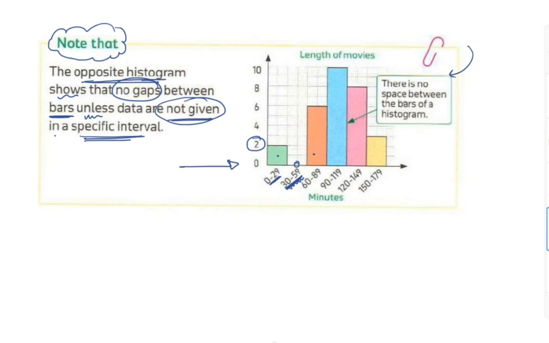There is no space between the bars of the histogram. But this space is a gap, it's 0 data. Here we have 0, but there is no gap here. And this is an empty interval. Okay, go to next.